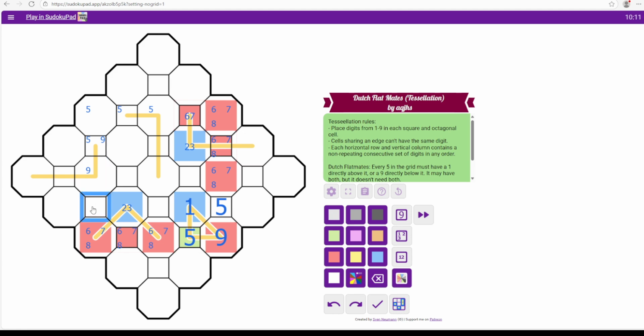9 can't go there. So that's 6, 7, or 8. I can lay both of those in red. Oh yeah, that's 1, 2, 3, 4, 5, 6, 7. That's not it. I can pair that, I guess.